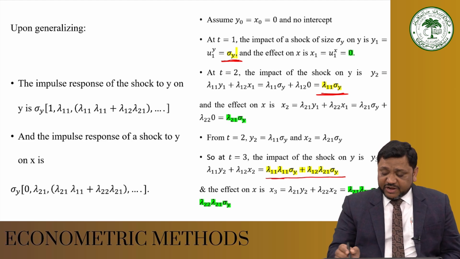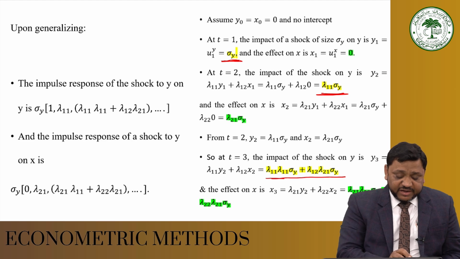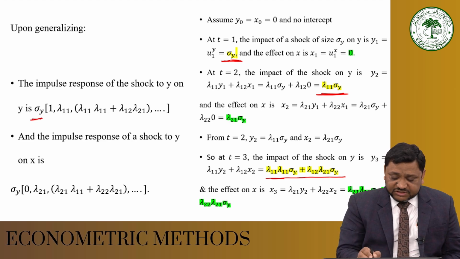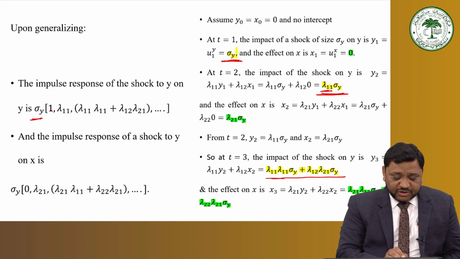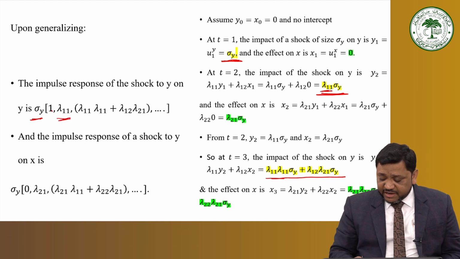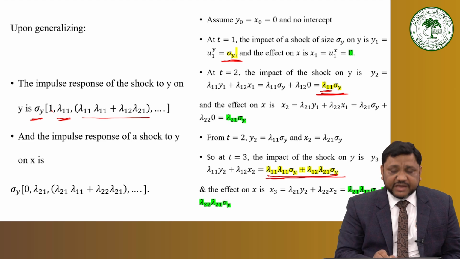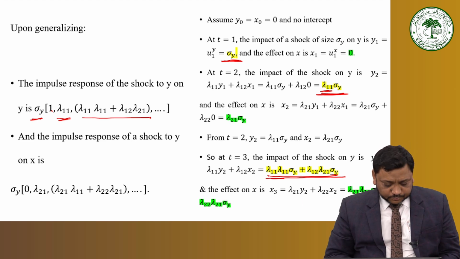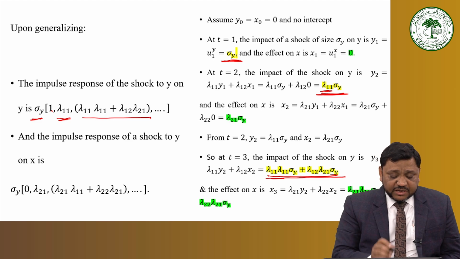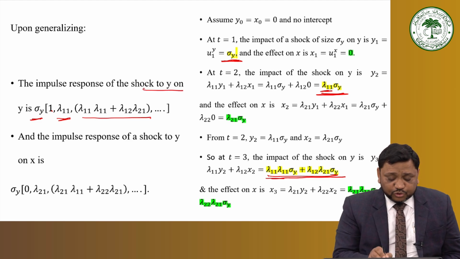These three, we are taking and writing in the general form. We are taking sigma y common. So in the first term it was sigma y, so we write 1. Here it was lambda 11, so we get lambda 11, and here it was this term, so we are writing it like this. And this can be extended further. So this was the shock to y on y.